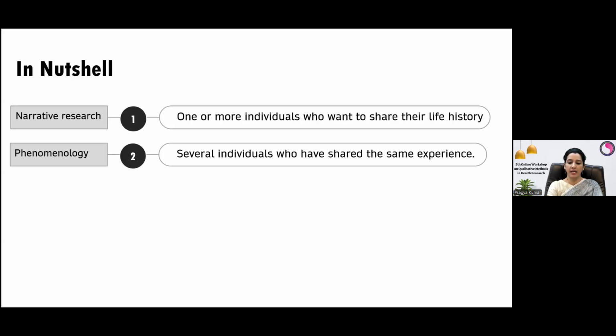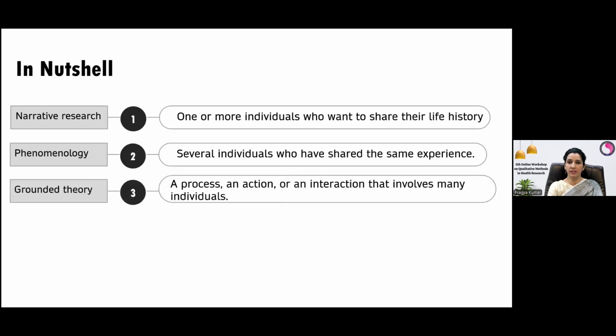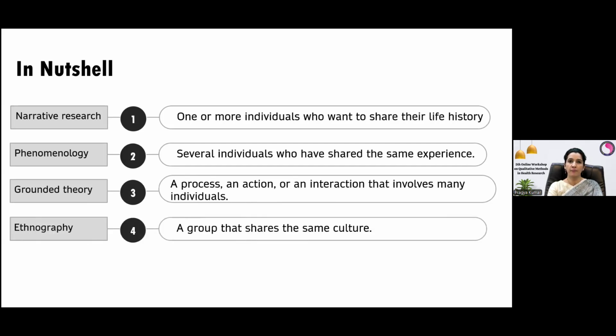So narrative research, we know, is when one or more individuals want to share their life history. Phenomenology, several individuals who have shared the same experience, the subjective well-being or the subjective feeling. Grounded theory, whenever you are emphasizing the process or action or interaction that involves many individuals.